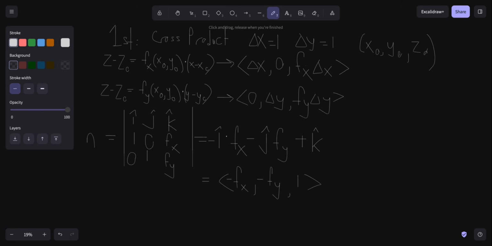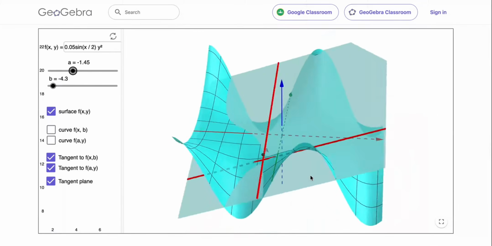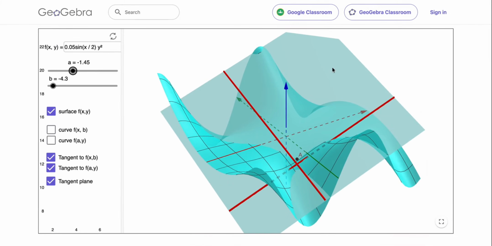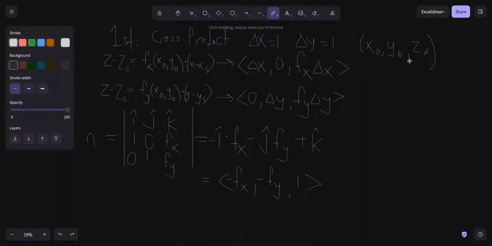And remember that at the end of the day, this plane is going to be passing through our point, x0, y0, z0, just like in this diagram right over here, right? This is a tangent plane at a point. And this point A, a lot of times we're often going to be given that information already. So let's just call this x0, y0, z0.